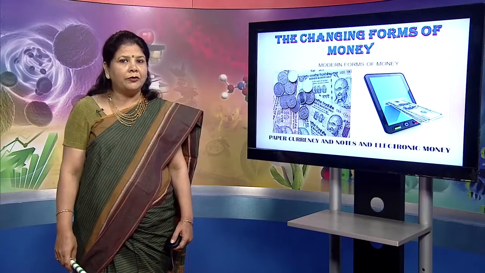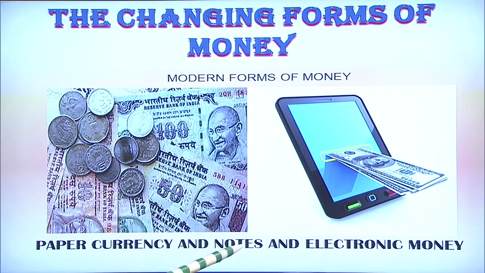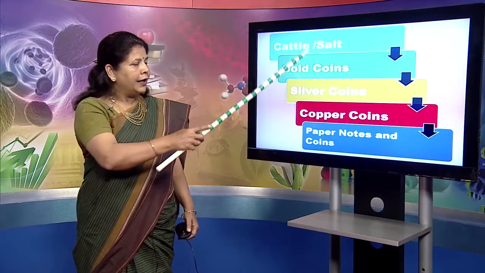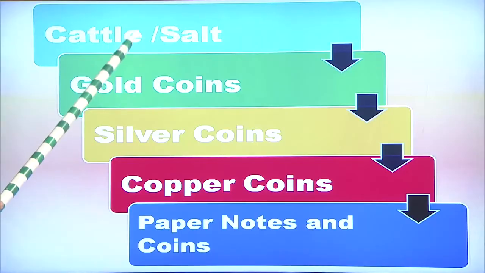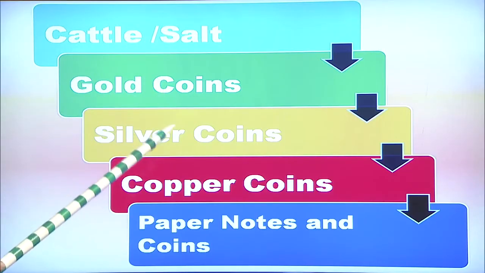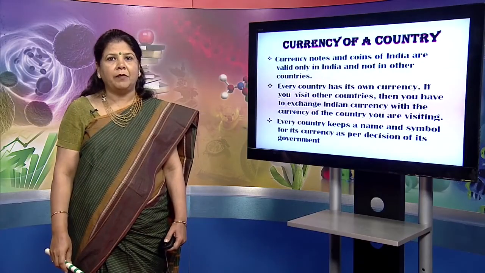And the modern forms, yes, they are paper currency and notes, and of course, the now evolved electronic money. The diagram here explains how money has evolved from cattle or salt to gold coins, silver coins, copper coins, and now paper notes and coins, and very soon it will be paperless money.